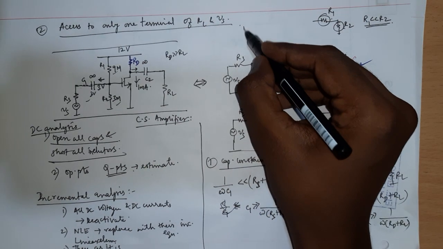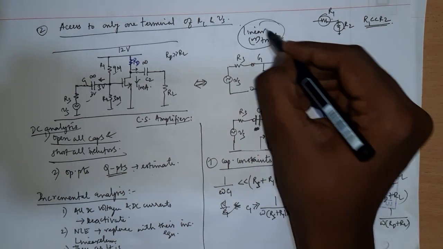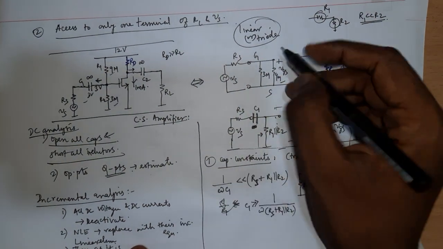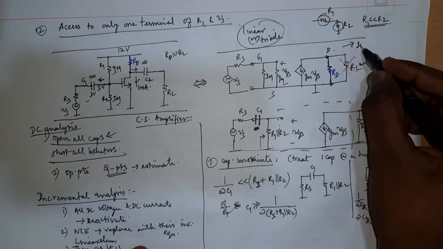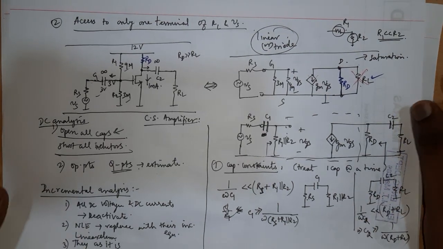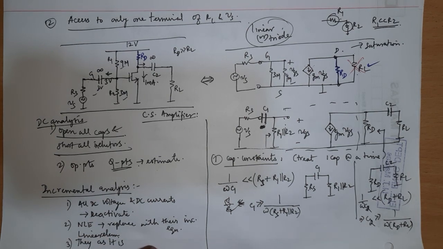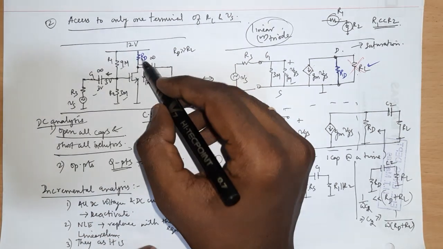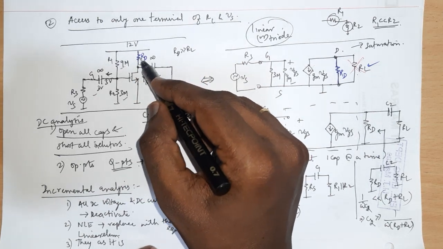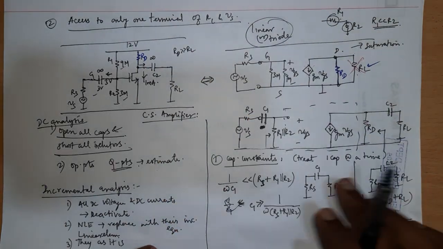The linear region is also called the triode region. But we have designed the amplifier to operate in the saturation region, and only then can you get the maximum gain that we have discussed. So either you should keep increasing the supply voltage as you increase RD, or your increase of RD is limited. This is one problem you have here.